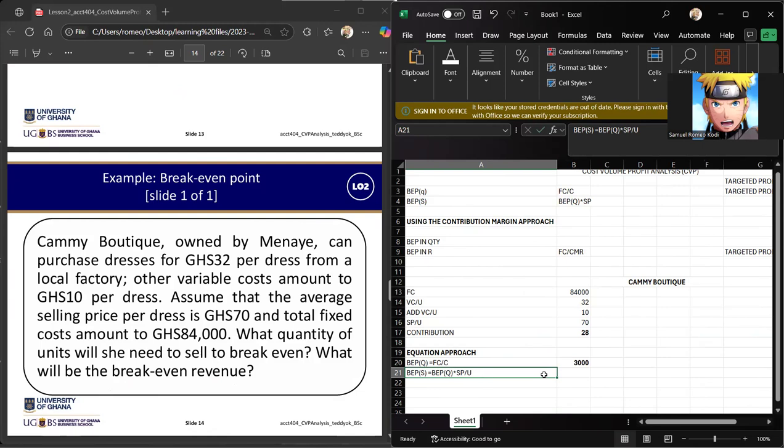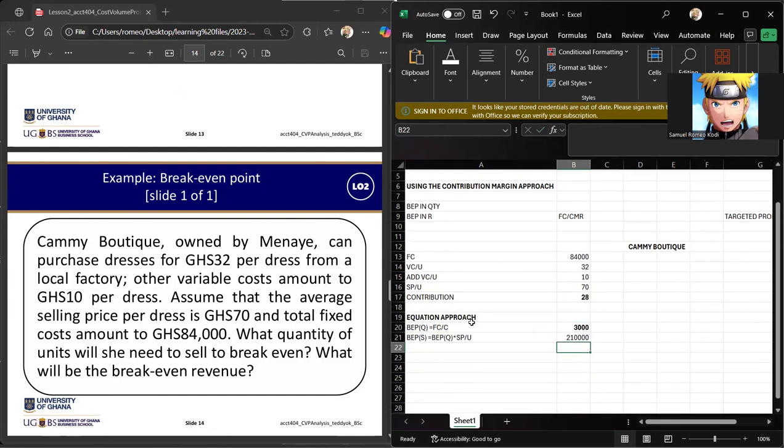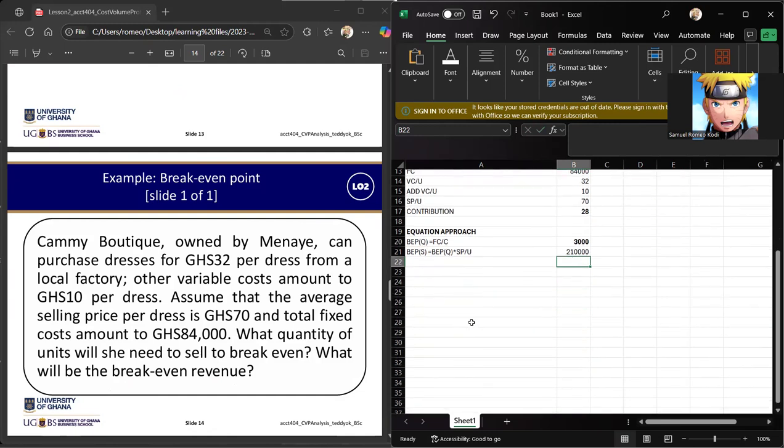Our units were 3,000, multiplied by our selling price per unit, which is 70, giving us 210,000. So now let's use the contribution margin approach.